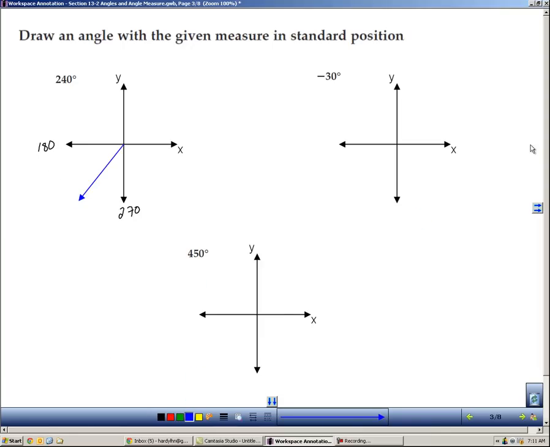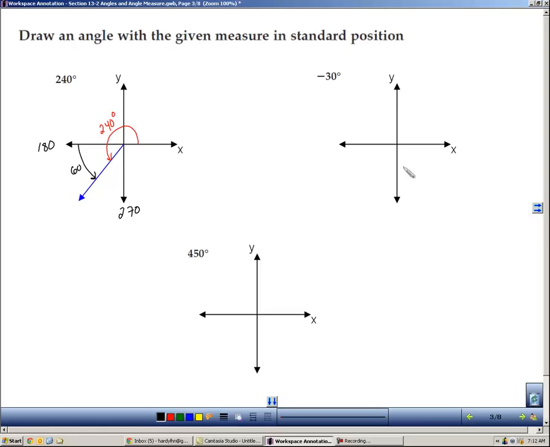So it's going to look like this. I start here, and I end up on the blue, the terminal side. I also want to point out that this angle, this small one from 180 down to here, is 60 degrees. But when you do the entire revolution from the x-axis, the initial side, to the terminal side, you get 240 degrees.